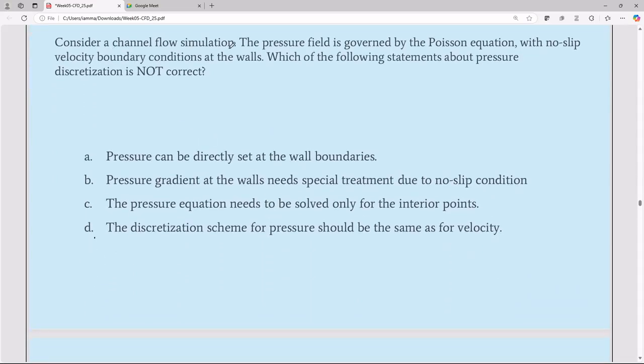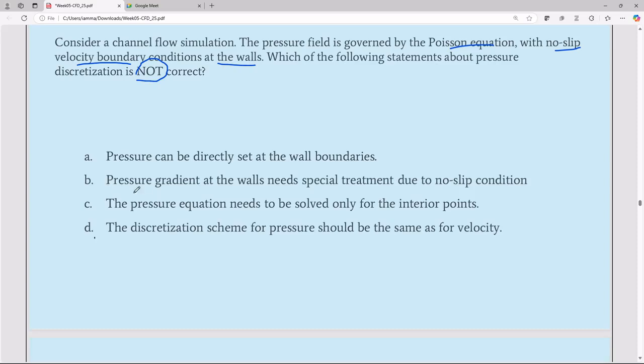Consider a channel flow simulation. The pressure field is governed by the Poisson equation with no slip velocity boundary condition at the walls. Which of the following statements about the pressure discretization is not correct? Options are: option A, pressure can be directly set at the wall boundaries.